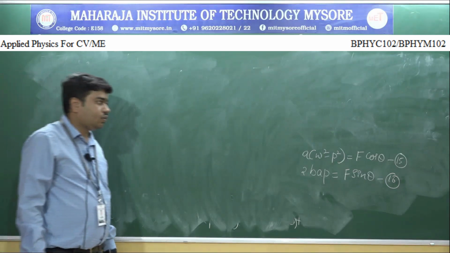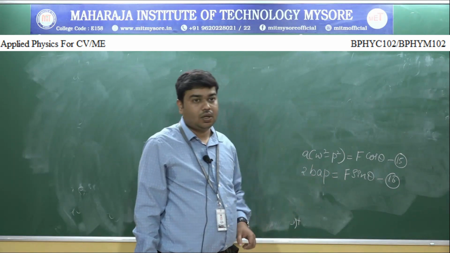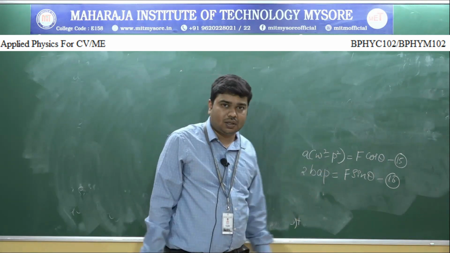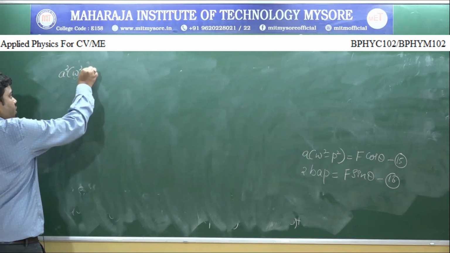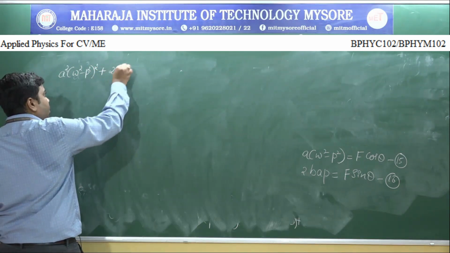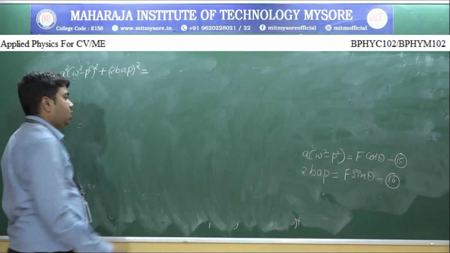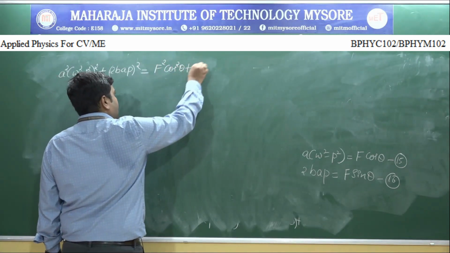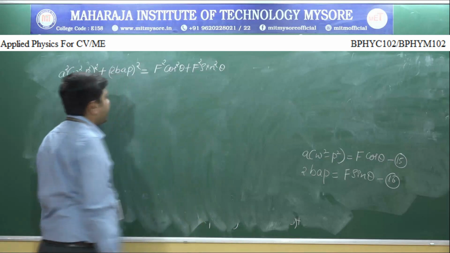Now, in order to get the amplitude and phase of the forced oscillation, I have just left equation 15 and equation 16. What we'll do is square and add equations 15 and 16. So we get A²(ω² − p²)² + (2bAP)² is equal to F² cos²θ + F² sin²θ.